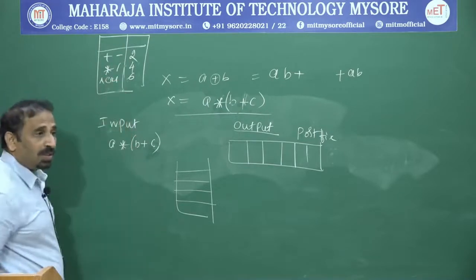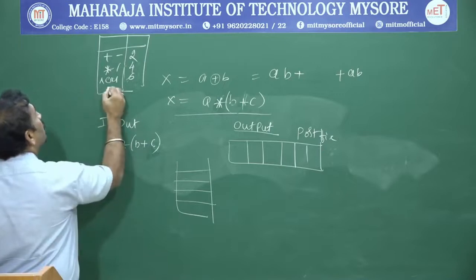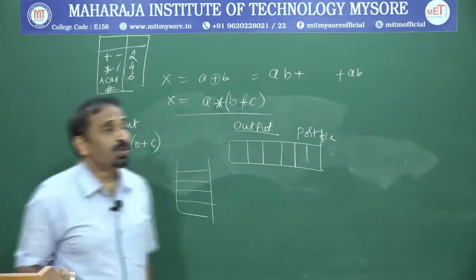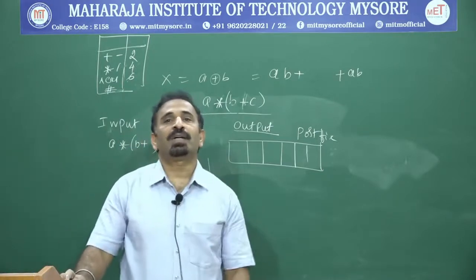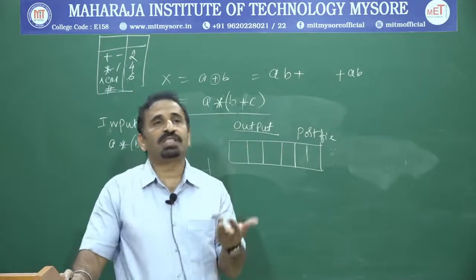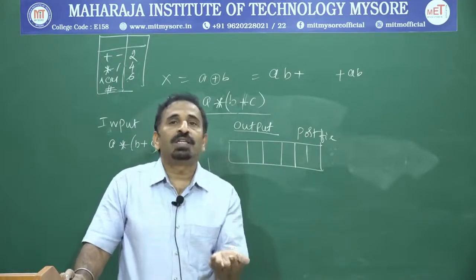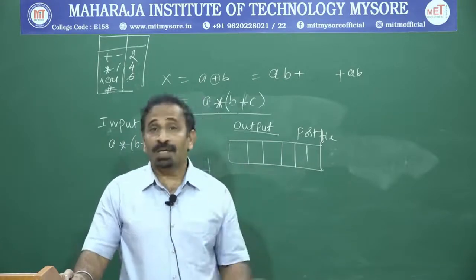Similarly, there is one hash symbol. You will be using this hash symbol as a beginning marker in your stack, just to indicate that when you reach this hash symbol, no more operations are to be carried out.